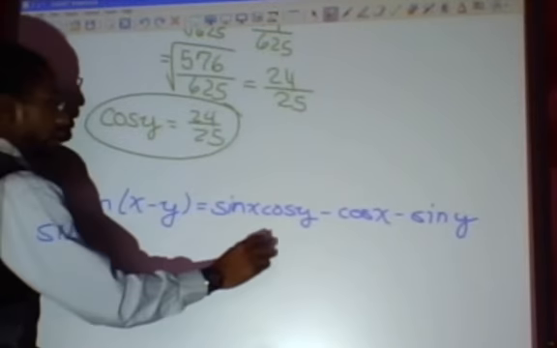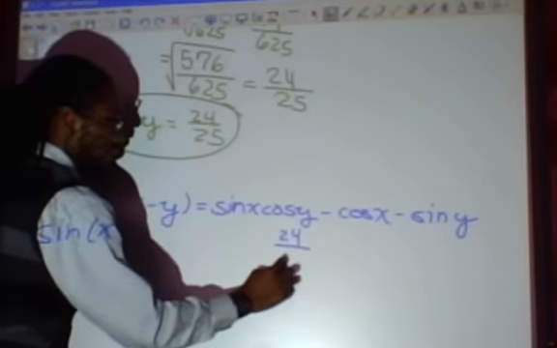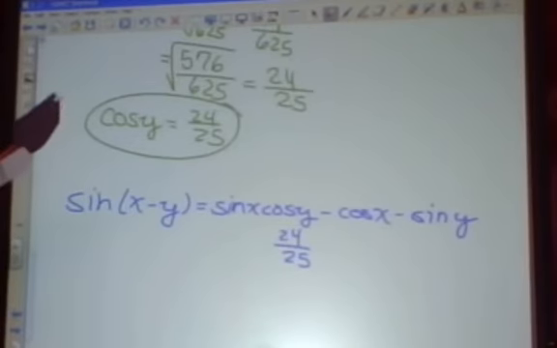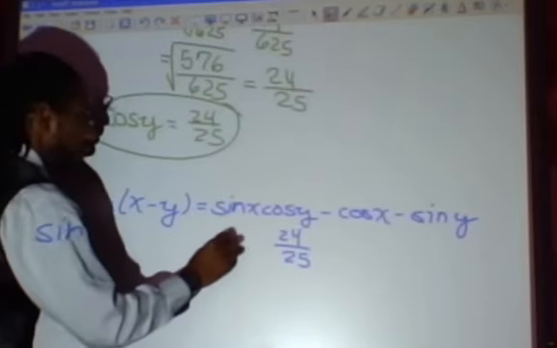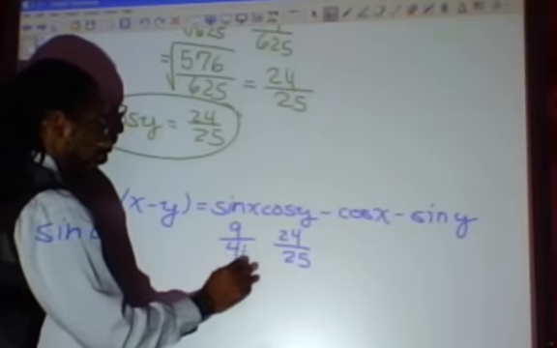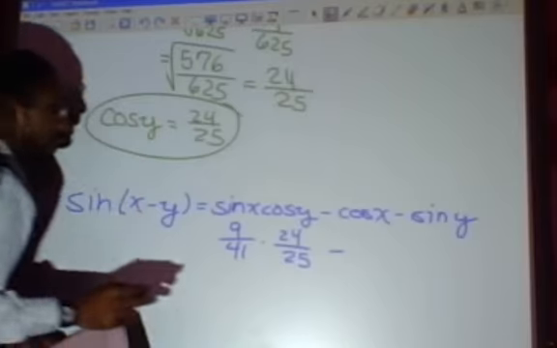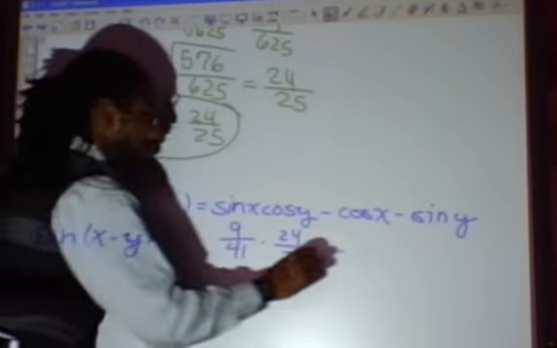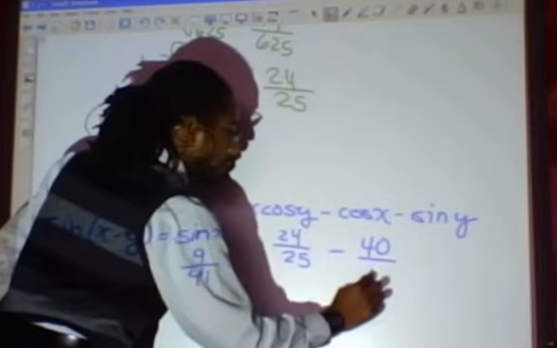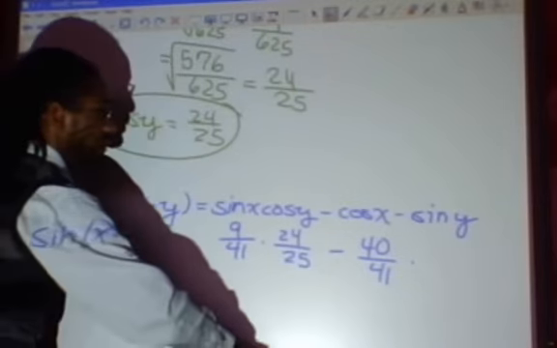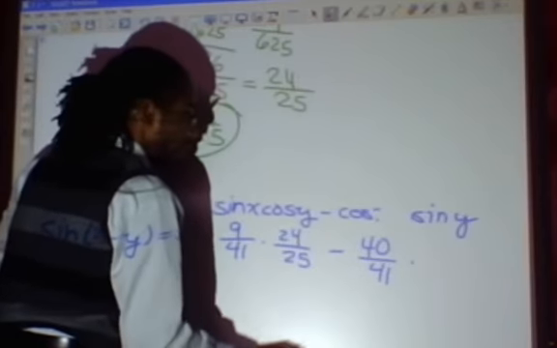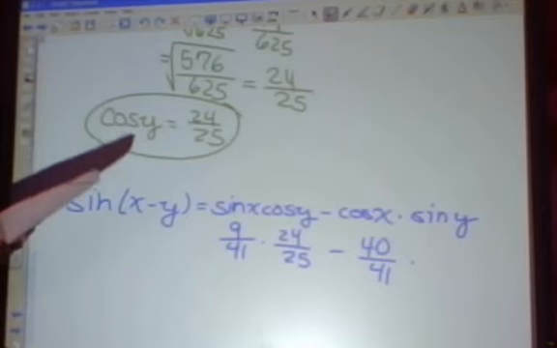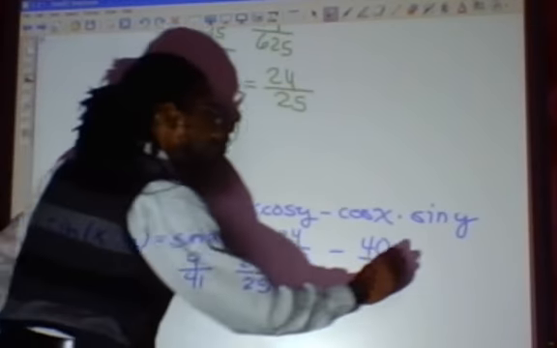So cosine y is 24 over 25. Sine x is what they gave us originally, 9 over 41. We multiply that. Then cosine x, what we found, which was 40 over 41, times, it should be a times, not a minus, sine y, which is 7 over 25.